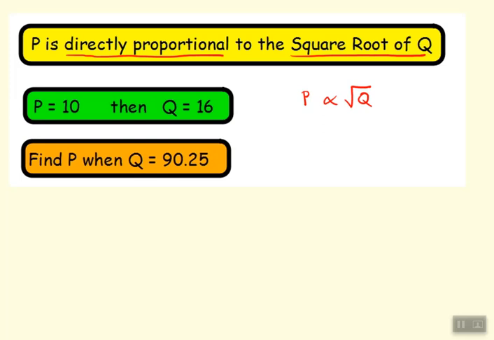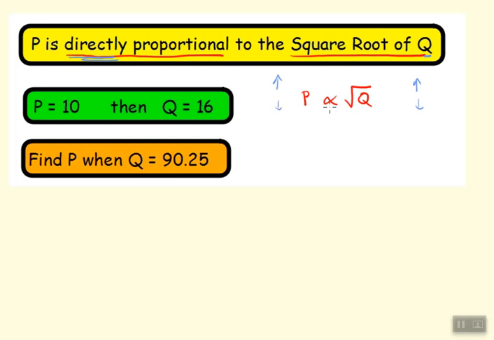That means that these two variables are connected, but the way they are connected is that P is connected to the square root of this other variable. So not Q itself, but the square root of that number. But it's still directly connected. So whatever Q is, if it goes up, P goes up in return. If it goes down, P goes down in return.